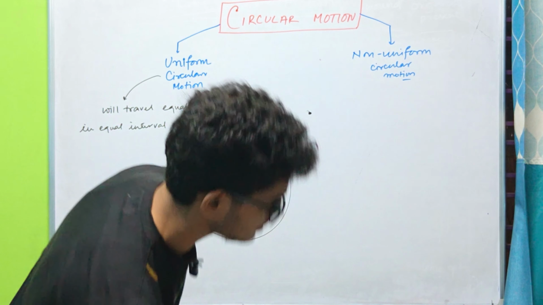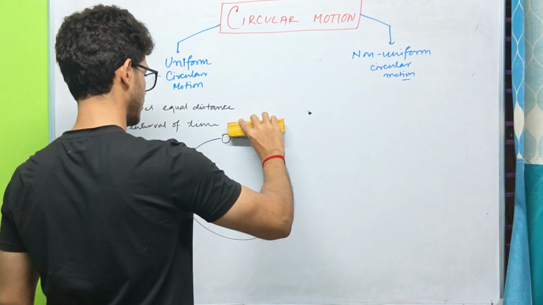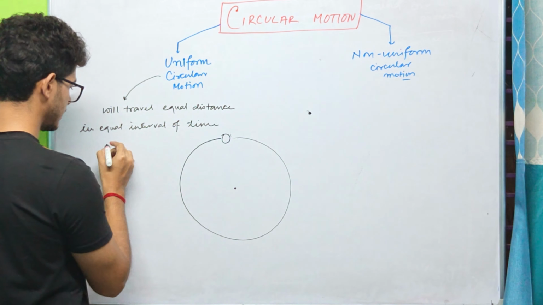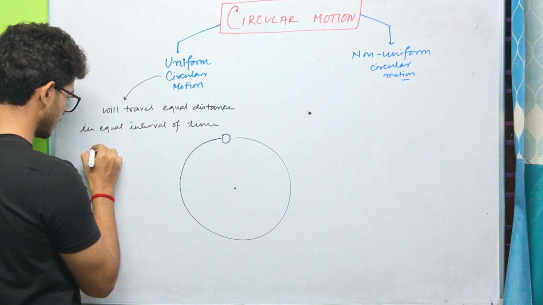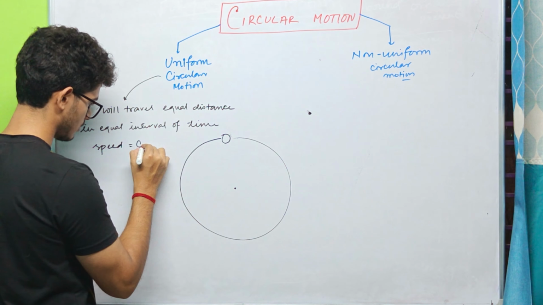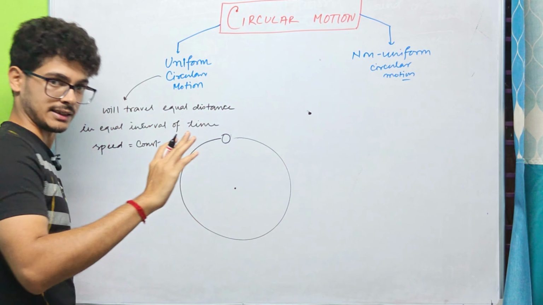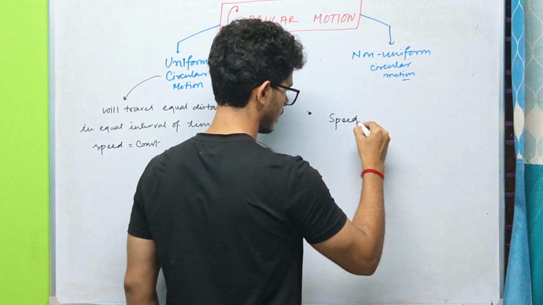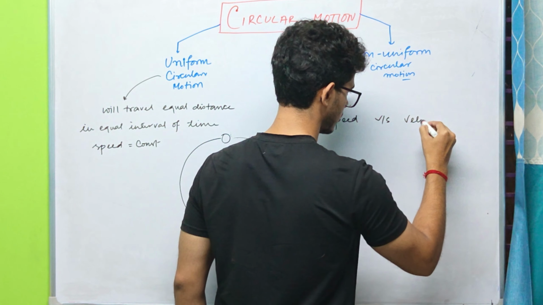So in this case, this object will also have some speed. For this, the speed remains constant. But we all know about speed versus velocity.